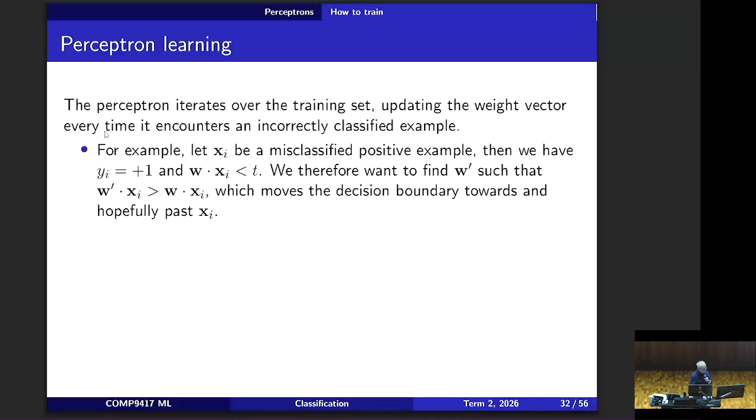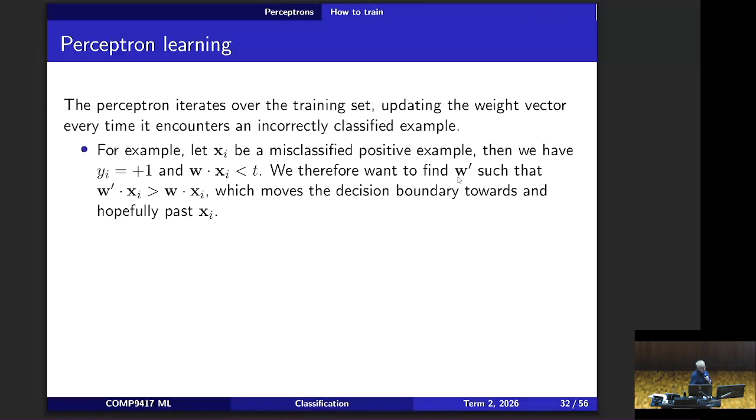So xi is misclassified. What does that mean in practice? Well, it means that the true label yi is +1, but the model w.xi is less than the threshold. Okay? So here we're implicitly using that it's classified positive if it's greater than or equal to the threshold. All right, but it's less than the threshold.